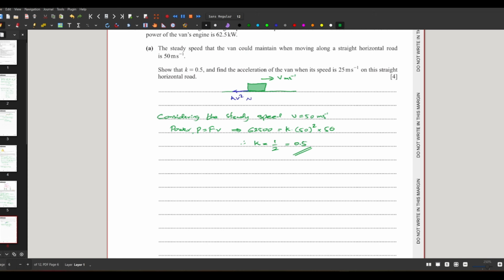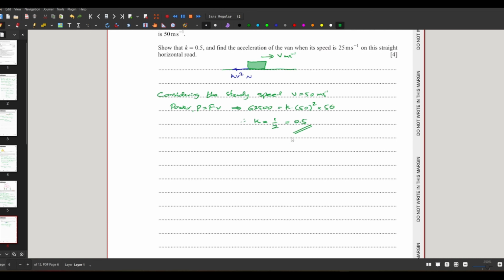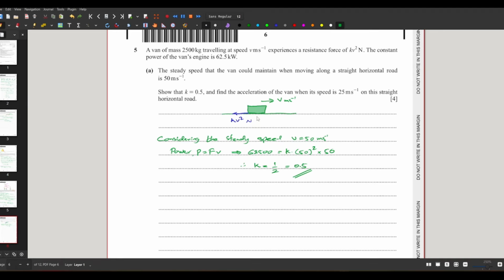Then you have to find the acceleration when its speed is 25. Steady speed means there's no net force acting on this vehicle, right? So in that case, we don't have acceleration, and you can simply use power equals Fv.